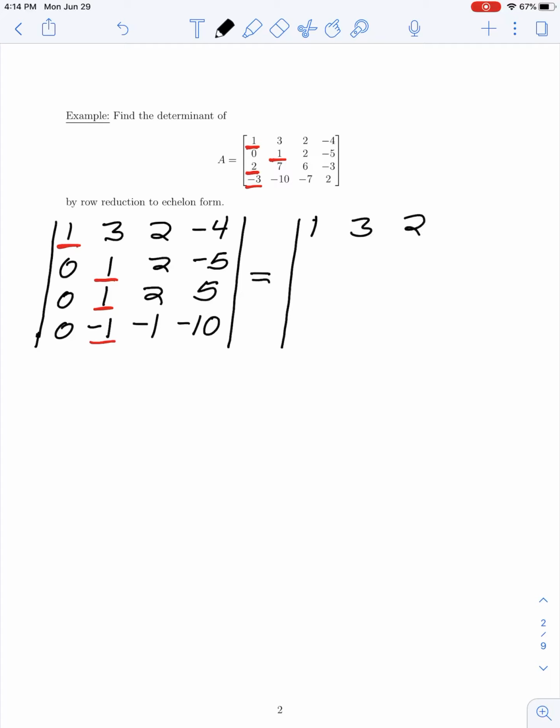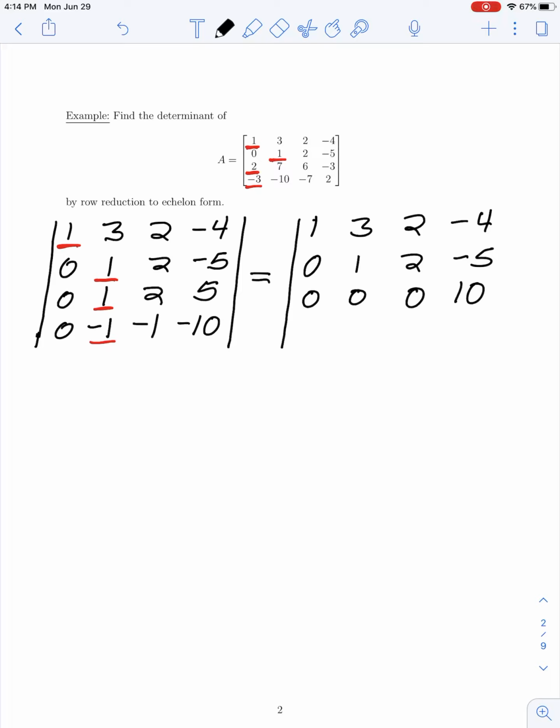So the determinant of this matrix would be equal to the determinant of the matrix we get by subtracting those two rows, which would leave me 0, 0, 0, and 10. And then in my fourth row, I could add either the second or the third row to it to eliminate that negative 1.